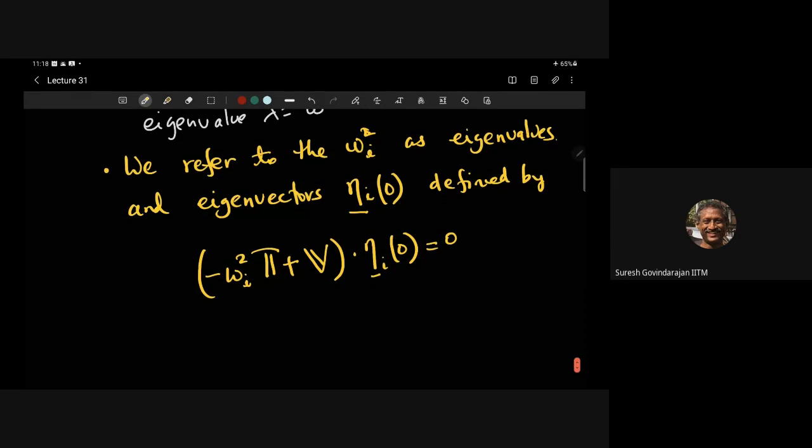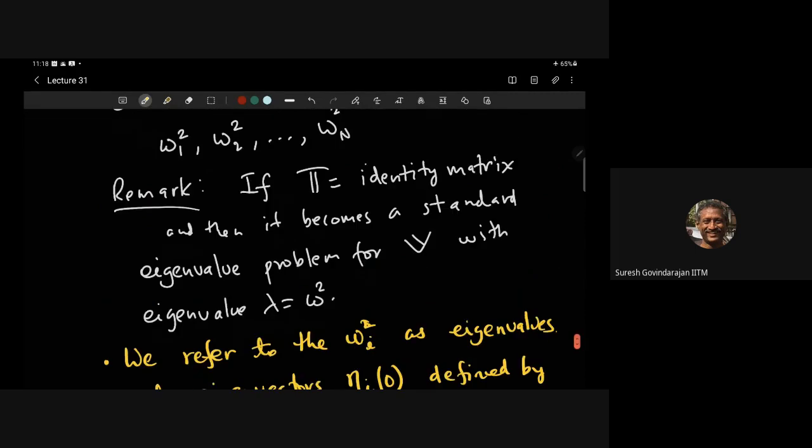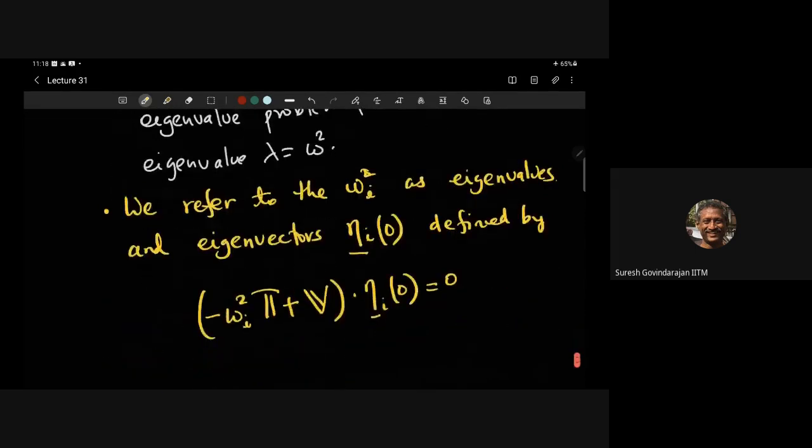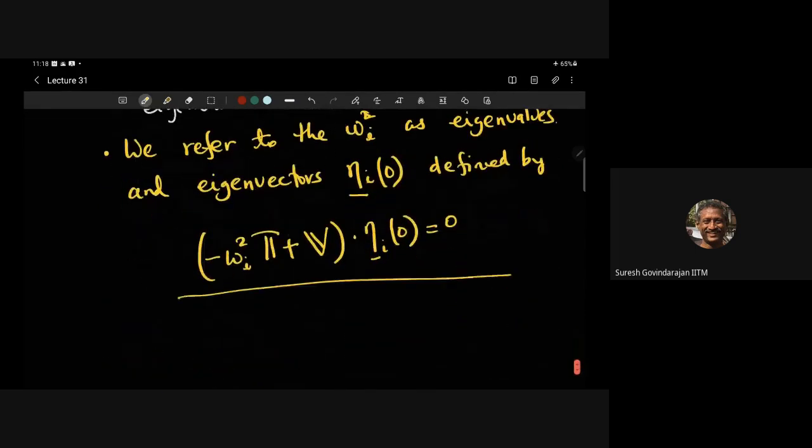Is the notation and nomenclature clear? You found n such values, and for each value you can solve this equation and get a non-trivial solution for omega square equal to omega i square.